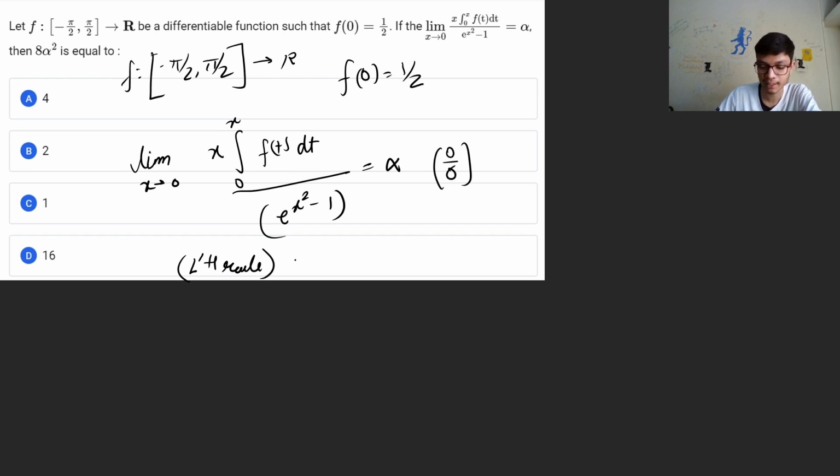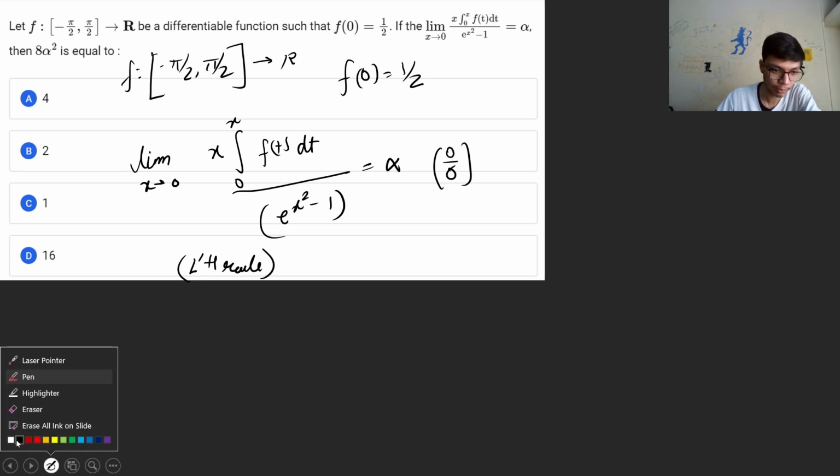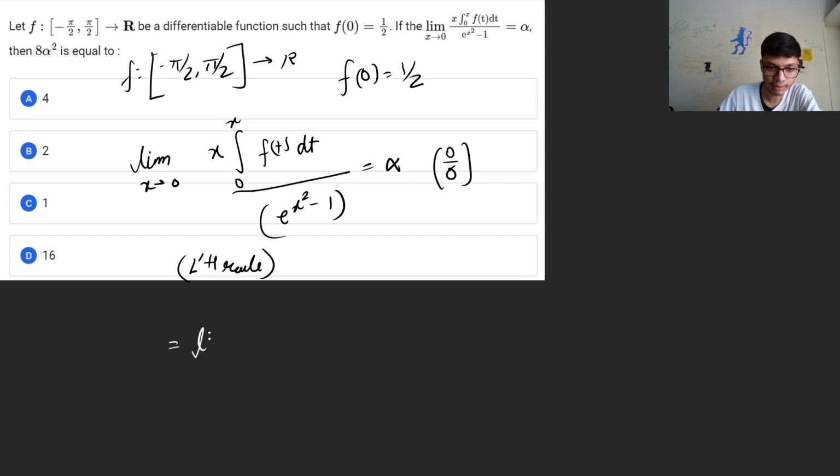So therefore, we can apply the LH rule, and if we apply the LH rule over here, this particular limit can be easily solved as limit x tending to 0. Now we have to differentiate the numerator and the denominator separately. The numerator is a product of two terms.